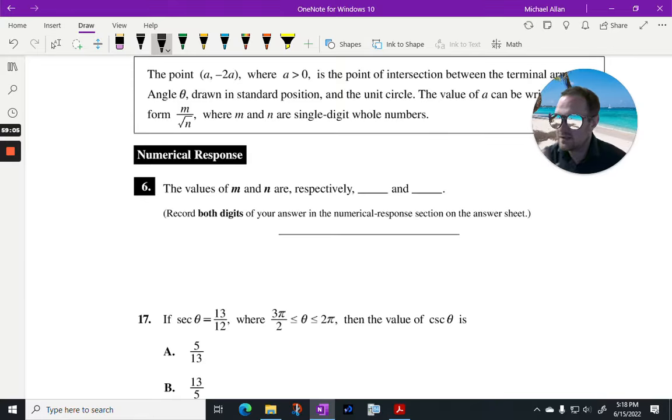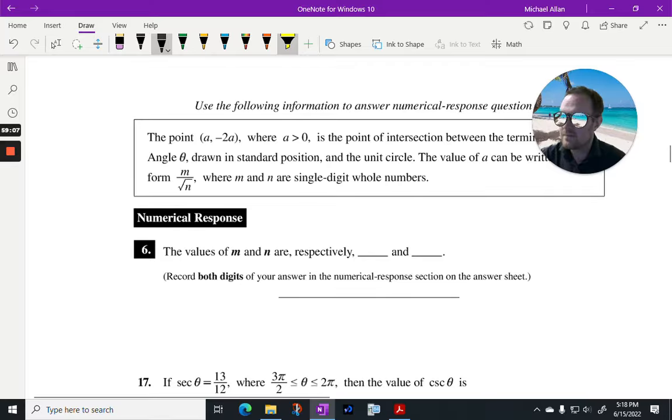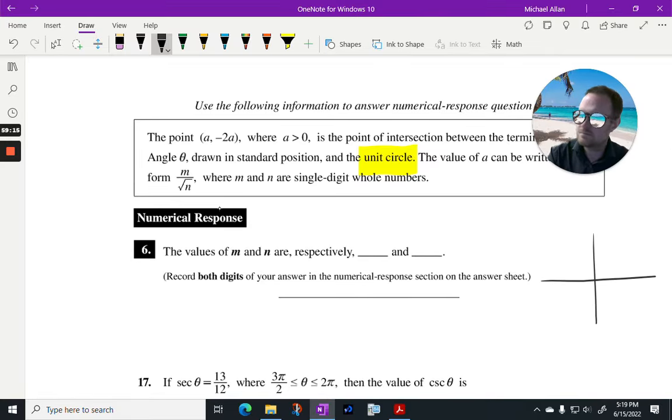But the key for this is that this is on the unit circle. So let's draw this out. a, negative 2a, so somewhere down here. I don't think that really helps us out.